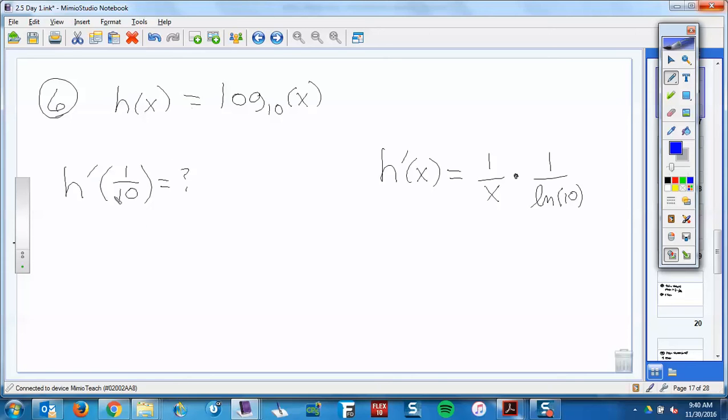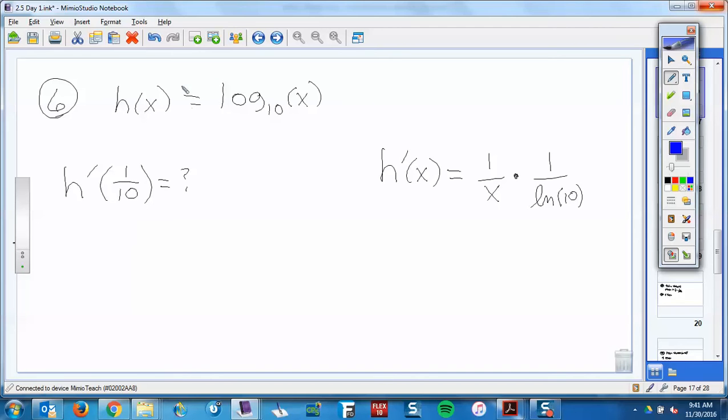Okay? The first thing I want to mention about number 6 is that they give you h of x, and they say find h prime of 1/10. Well, one thing you're going to hear me say a lot this year, until I at least figure out that you've caught on, is before you can find h prime of 1/10, you have to find h prime of x, because you've got to have something to plug the 1/10 into, right?